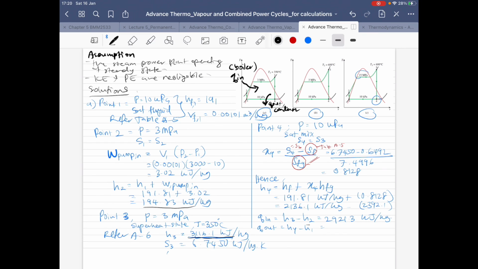Kalau Q in antara 3 dengan 2 kan, Q out antara 4 dengan 1. So we get the value for H4 minus H1, 1944.3 kilojoule per kilogram.